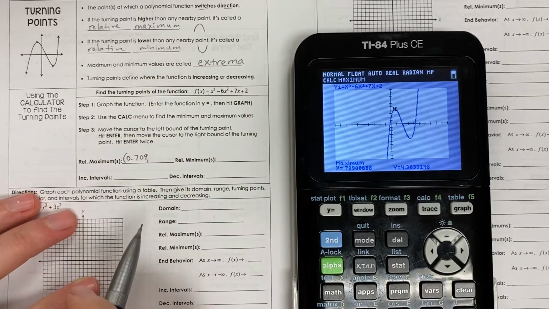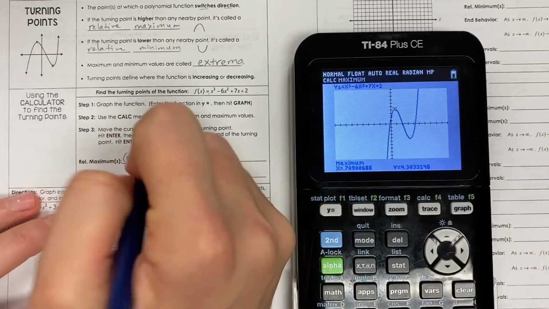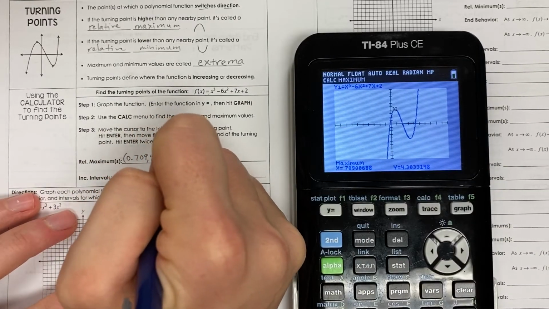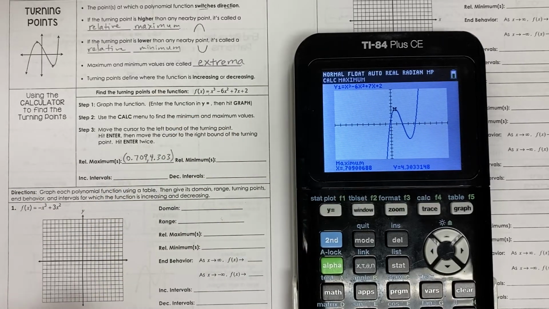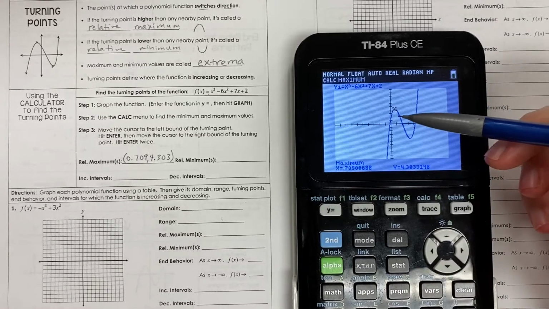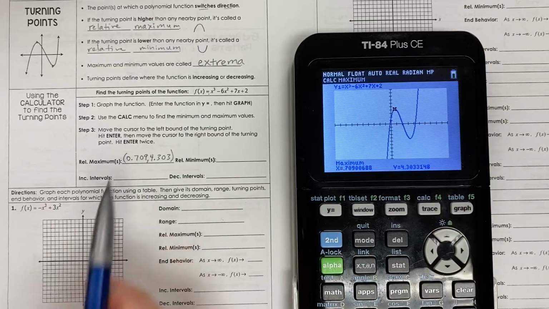We'll just round to the third decimal. The y coordinate is 4.303. Like that. And sometimes you'll have more than one hill in a graph, but in this case that was the only hill that we had, so we only have one relative max.